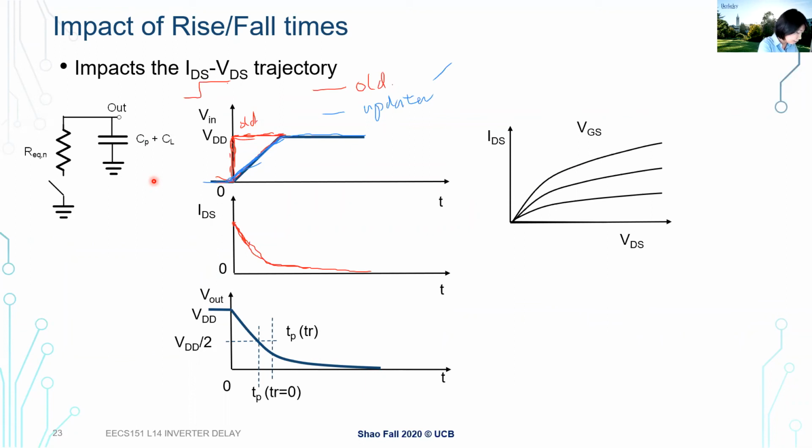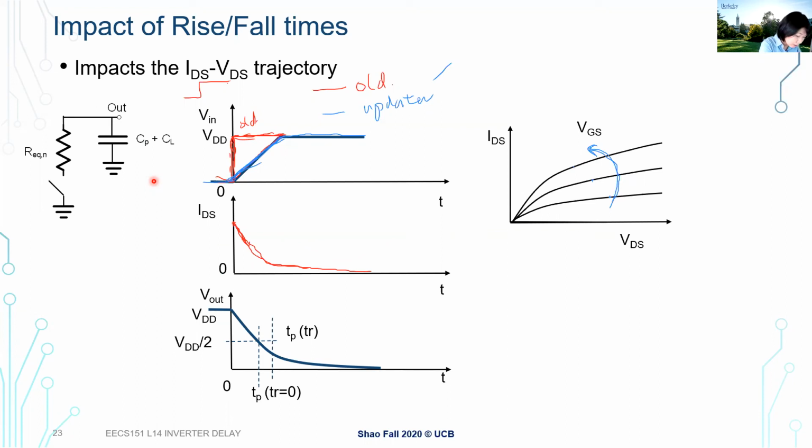So when my input transitions from low to high, remember the input voltage is basically the gate voltage. Remember our very simple behavior: these different lines are basically different gate voltages applied to our transistor. We just reviewed that a minute ago. With different gate voltages, I have different currents associated with them.